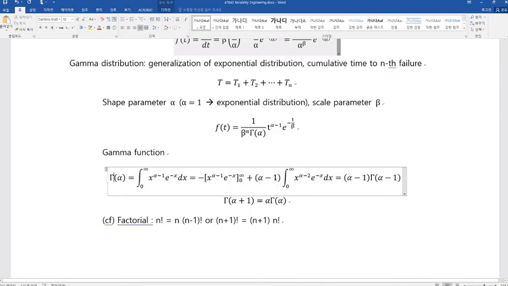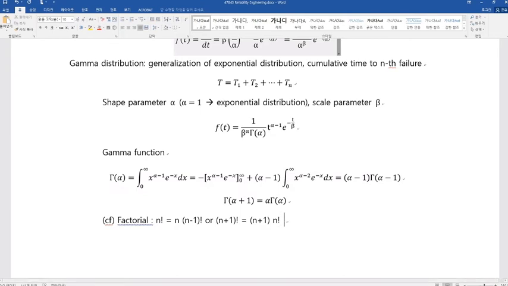And when we think about n minus 1 factorial, that is n minus 1 multiplied with n minus 2 factorial.